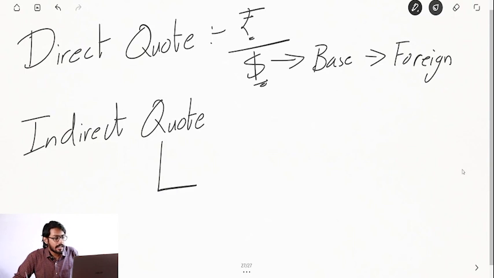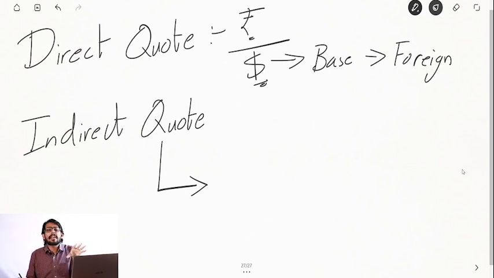Now, indirect quote. Imagine you go to the petrol pump. How do you fill your vehicle with petrol? Very rarely do you ask for 1 liter of petrol. Normally we say, bhai sahab, for 100 rupees, how much petrol? For 500 rupees, how much petrol? Petrol is one of those commodities where you don't check for 1 liter. For 100 rupees, or 500 rupees or 1000 rupees, how much petrol are you getting?